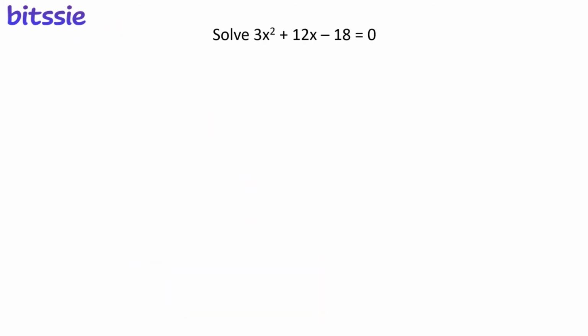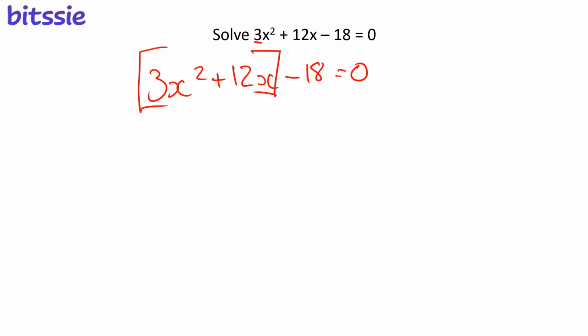Here's another similar question, but this time we have a coefficient in front of the x squared. Let's write it out as per usual though: 3x² + 12x - 18 = 0. Square brackets.